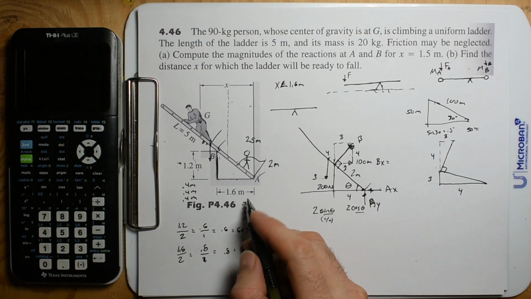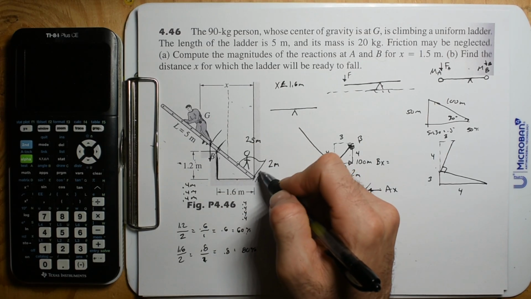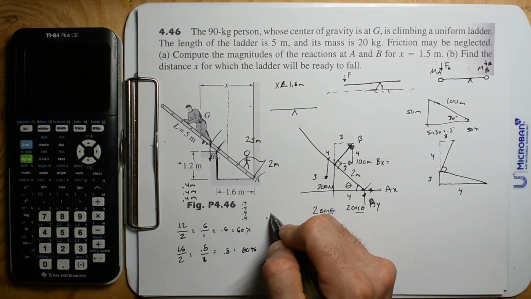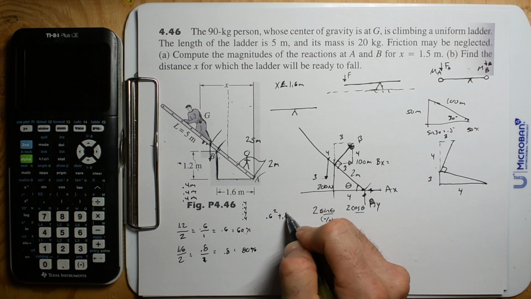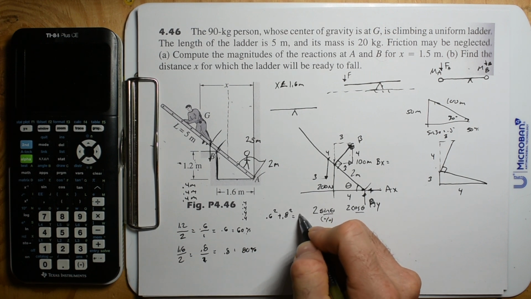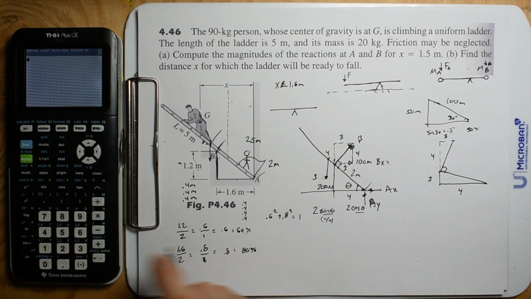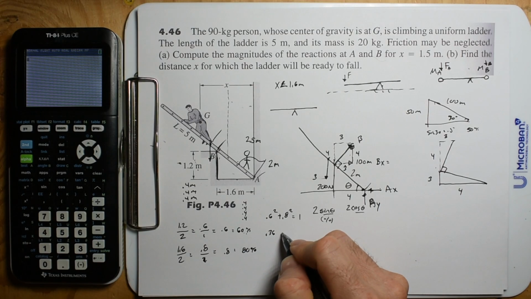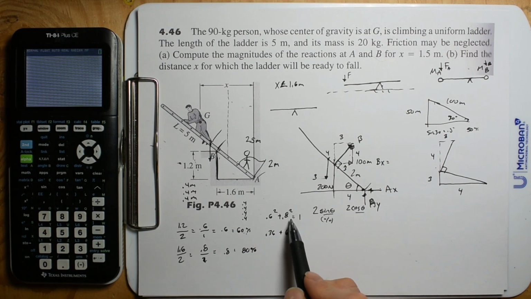The reason a 3, 4, 5 triangle works out is because 0.6 squared plus 0.8 squared gives you 1. 6 squared is 36 and 8 squared is 64, so 0.36 plus 0.64 is 1.